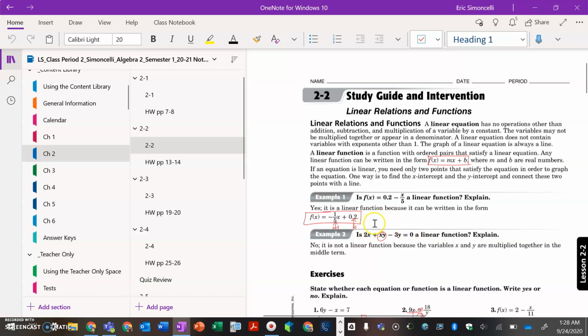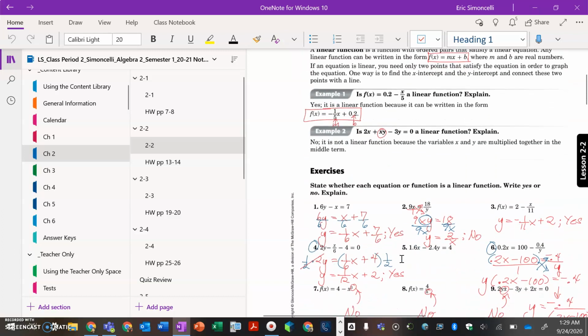You could rework that problem into y equals mx plus b. However, x times y, there's really no easy way to split up the x times y without turning it into something that we are going to talk about later, but certainly is technically not y equals mx plus b. It can't be done because it's not linear.